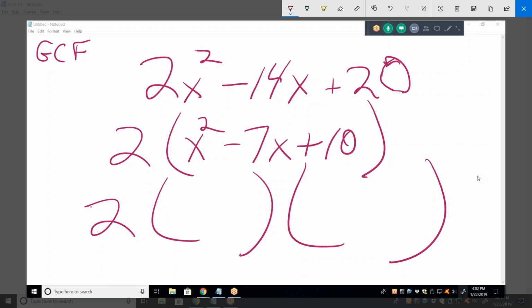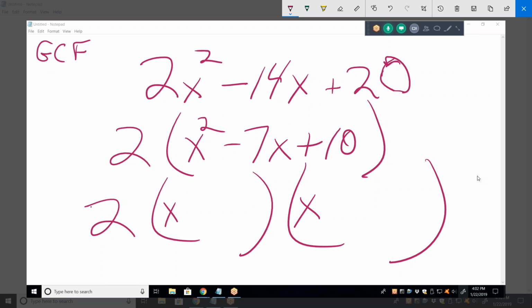So how do we factor that? The first step is to split up the x's. That's always that. Second step is to determine both signs, not just one, but both at the same time.